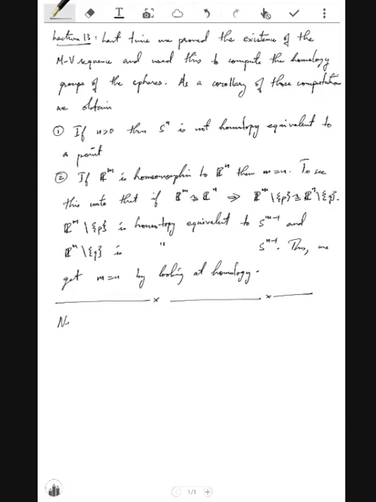Next, we define homology of pairs and prove the theorem on excision. So let A contained in X be a subspace.